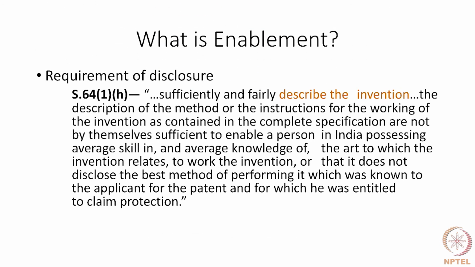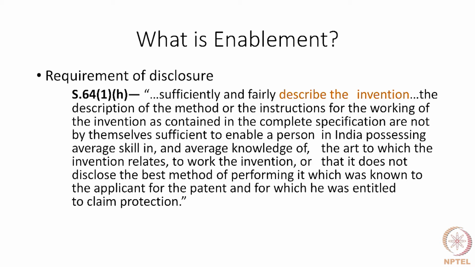Now here is that requirement. The enablement requirement, or the fact that a disclosure has to be enabling, or the applicant has to make an enabling disclosure, there are various ways in which you can express the same idea, is contained in Section 64(1)(h). Now, this is a ground. Section 64 generally deals with the grounds on which a patent can be revoked.